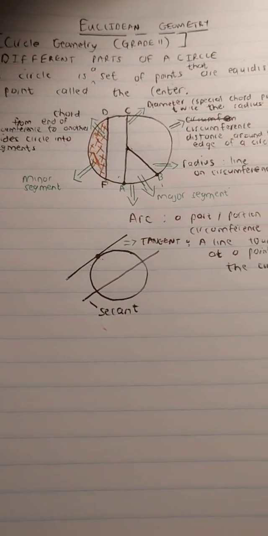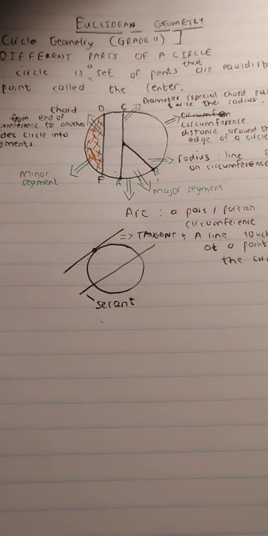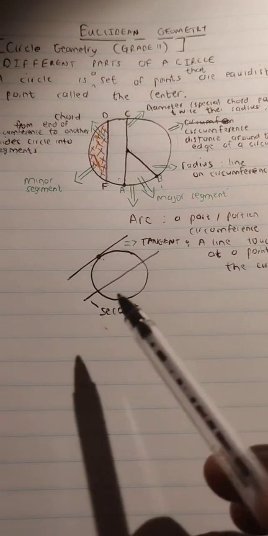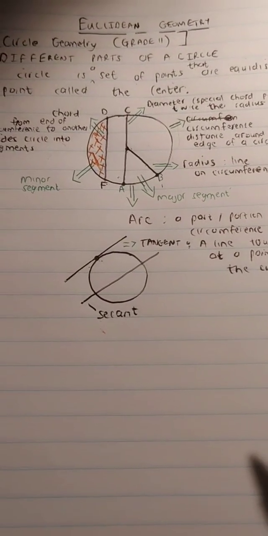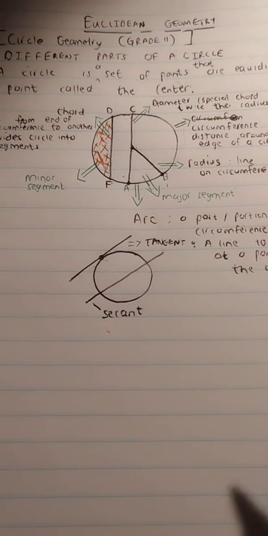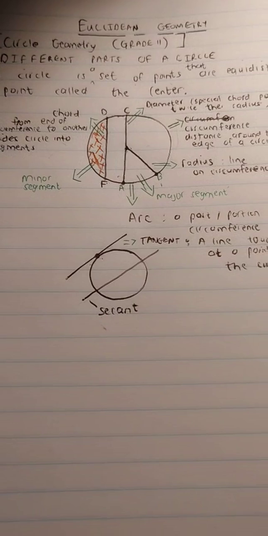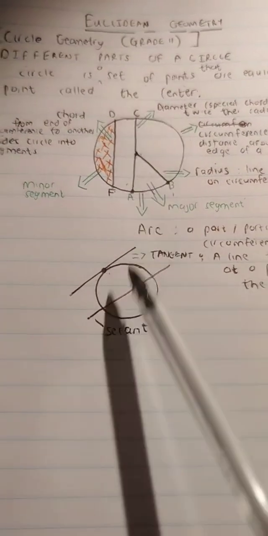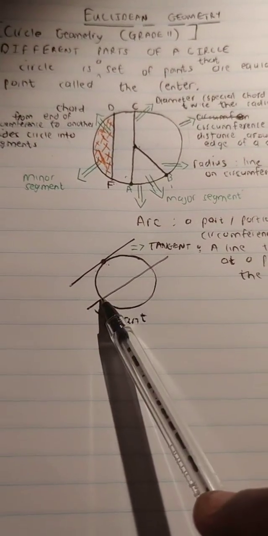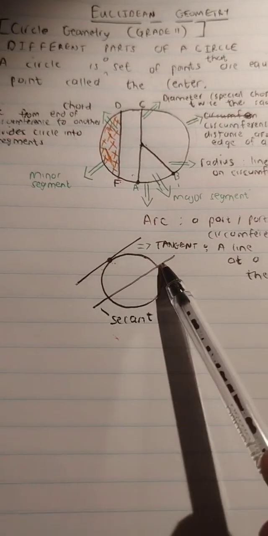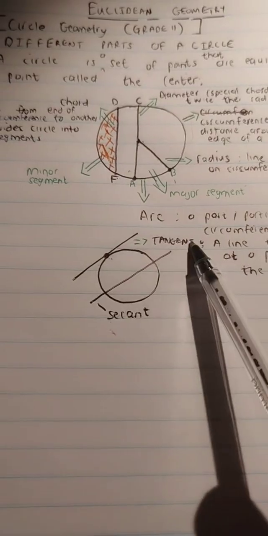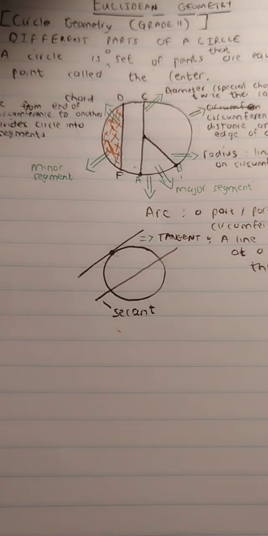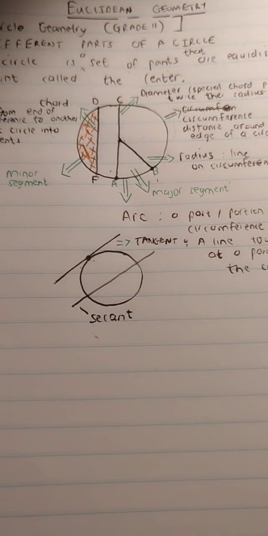Okay, a secant. It behaves a little bit irrationally compared to a chord, because instead of staying inbound at the end of the circumference and staying within, it just decides to extend beyond that.